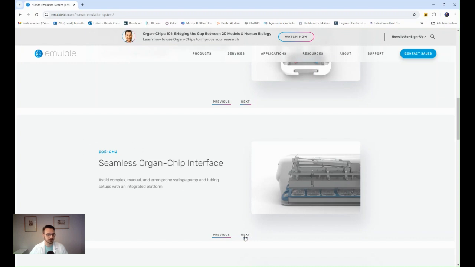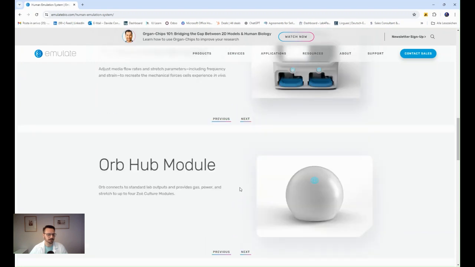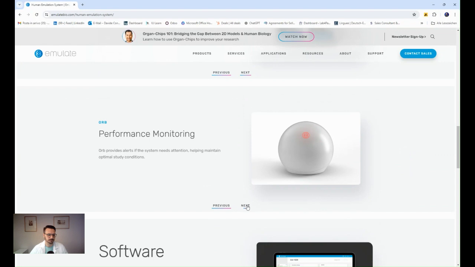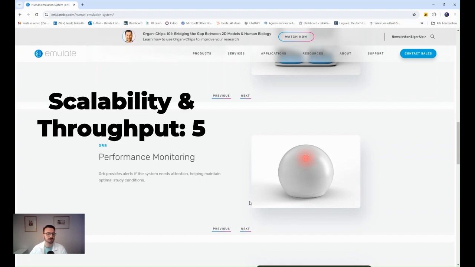It's called Zoe, and one module takes up to 12 different pods, and the orb hub module takes up 4 of these pods. So this would extend the throughput to a total of 48. This makes it a pair almost with Mimetas, but it's in this range quite high. So we are talking also about a 5.